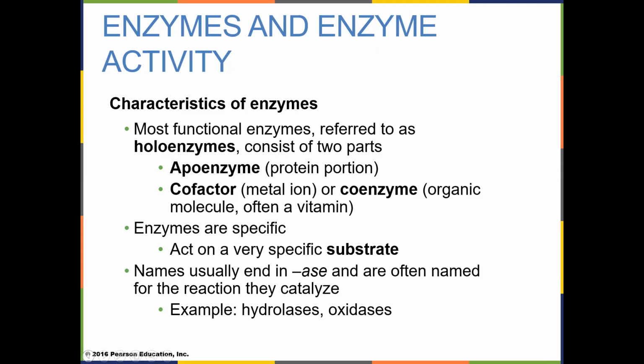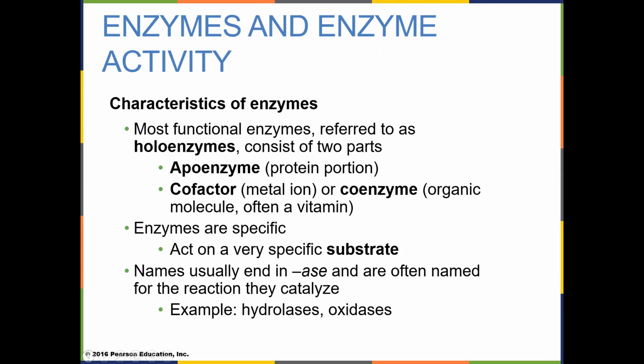They are substrate specific. The enzyme amylase will not work on carbonic acid. Amylase only works on starch and nothing else. Other enzymes, whether they are a catalase working on hydrogen peroxide or a hydrolase working on something with hydrogen attached to it, those are specific.